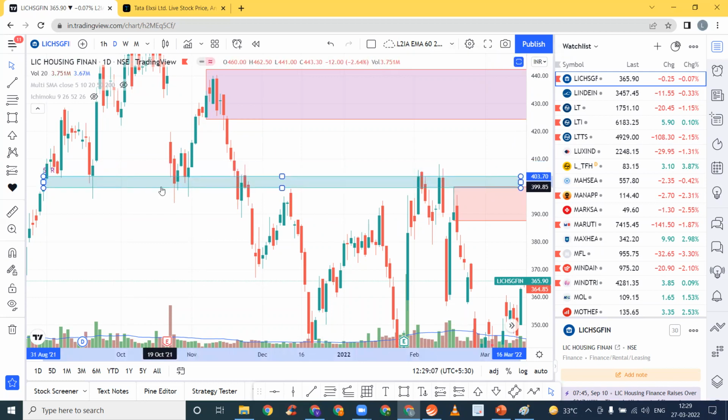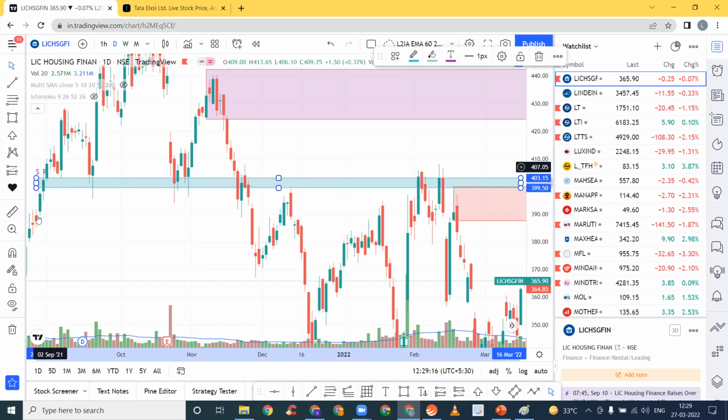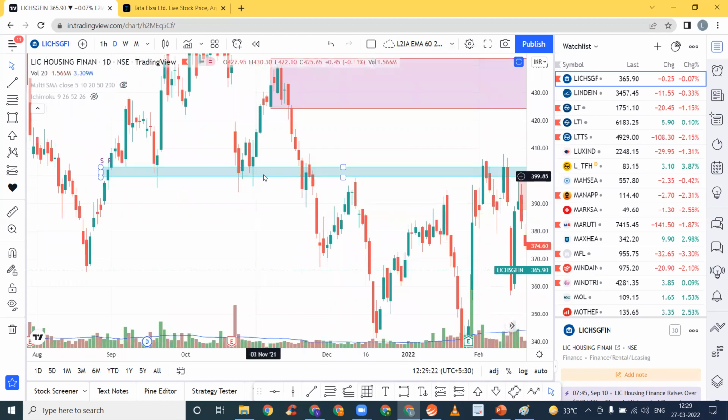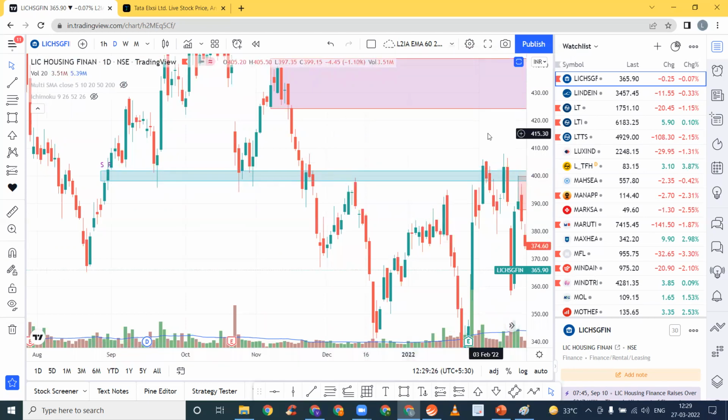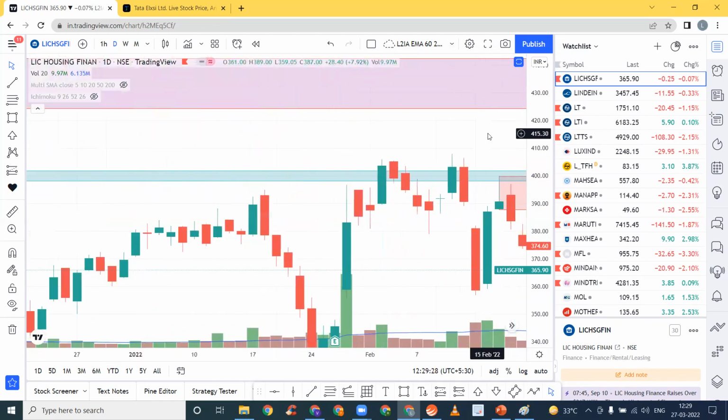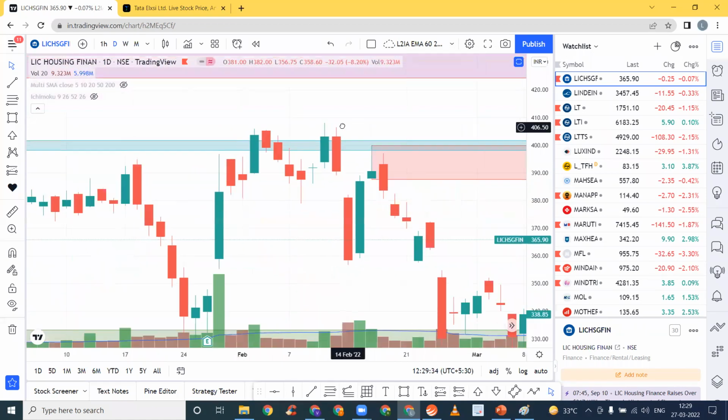See, this is a support resistance zone. It is acting as a resistance here. You can see it is acting as a resistance here. But at some point of time, it was a support also. So this is a good zone at which the stock will see a lot of resistance, or there are a good number of sellers here.